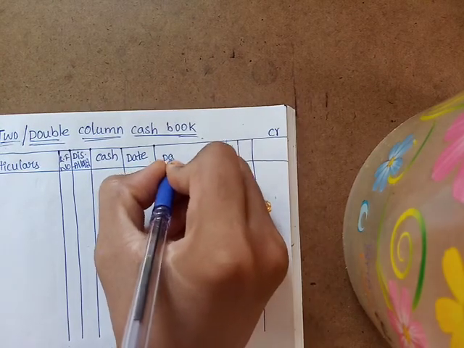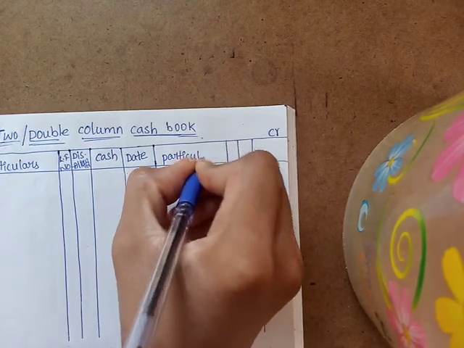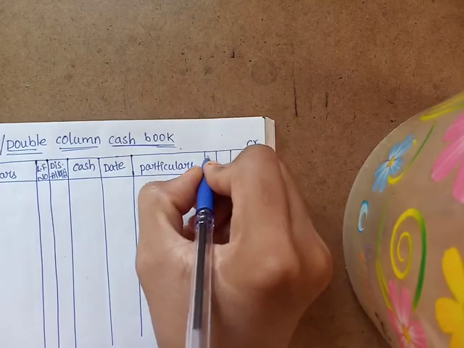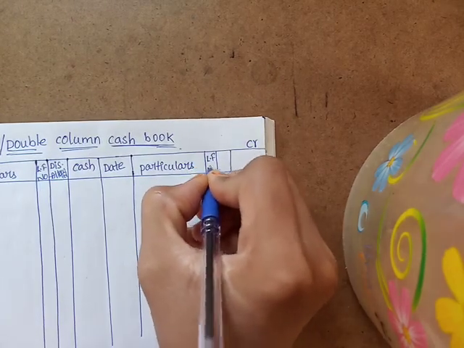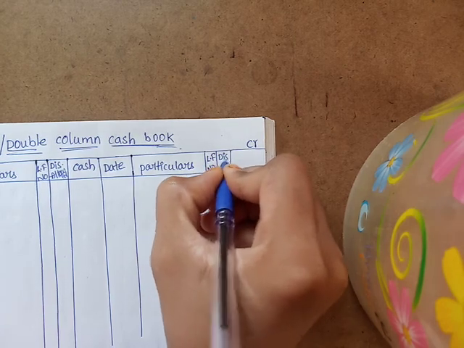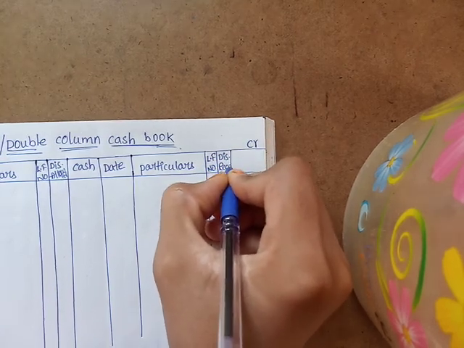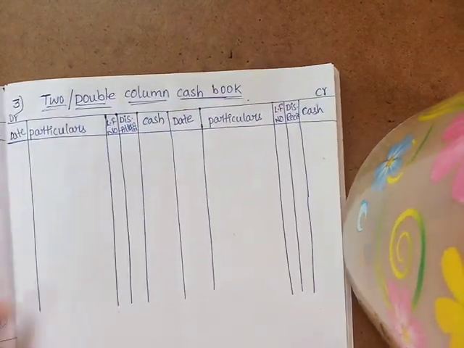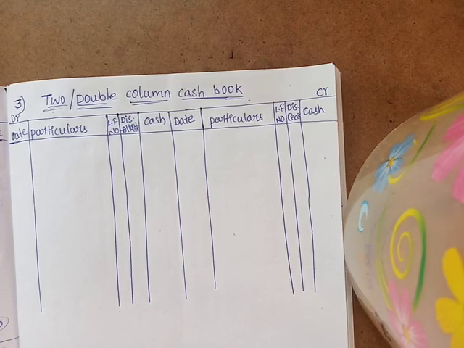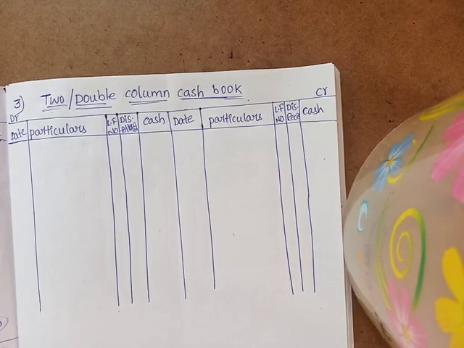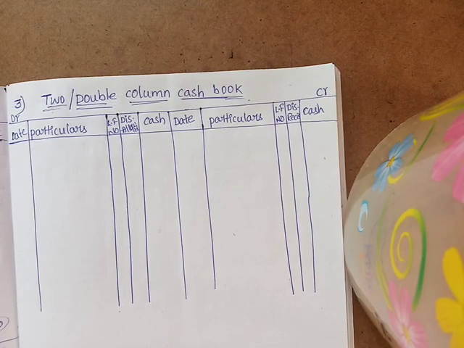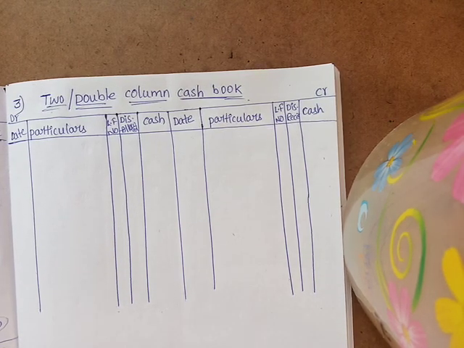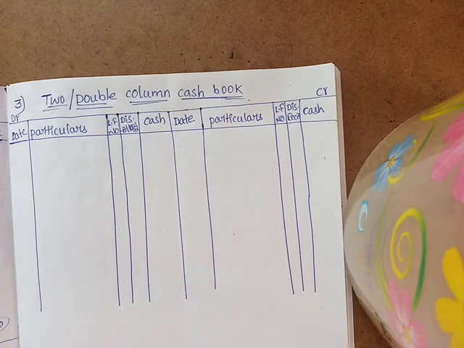Date, particulars, LF number, and the credit side is discount received and the credit side is also cash. So this is the pro forma of a two column or double column cash book.